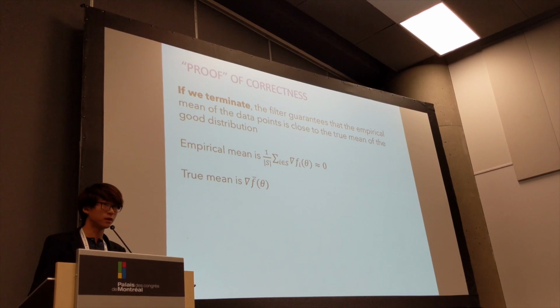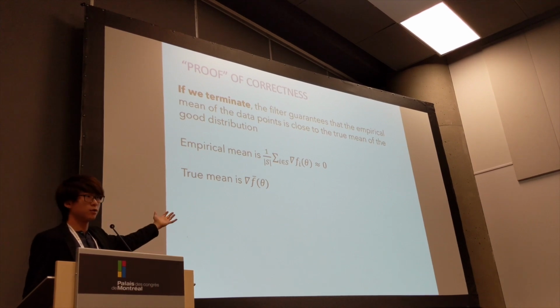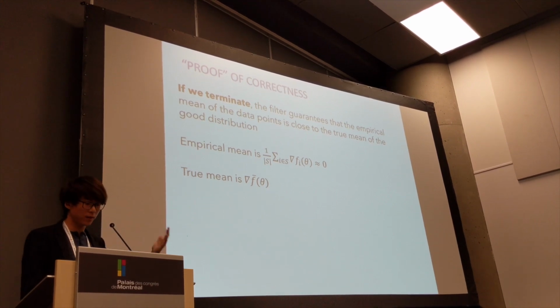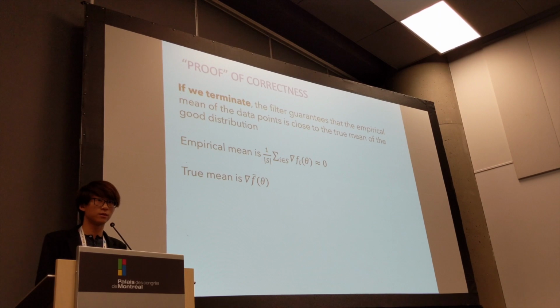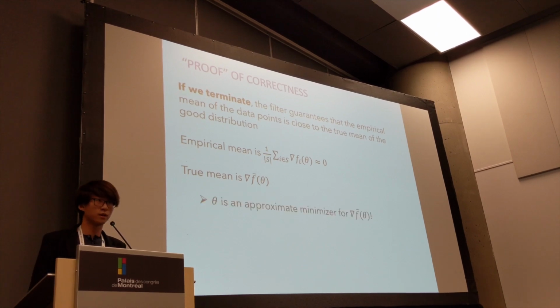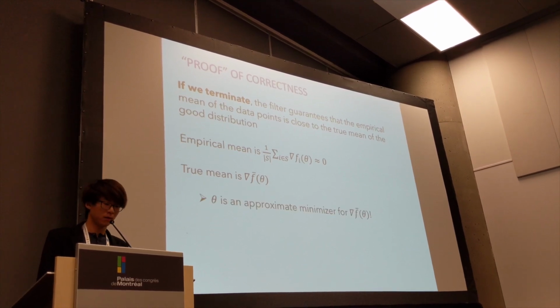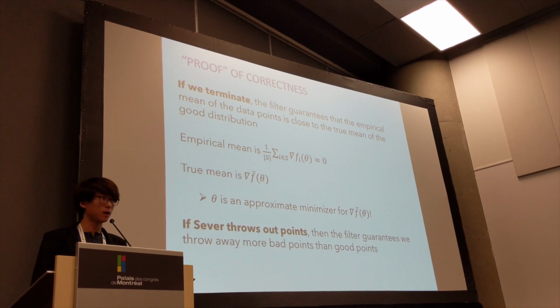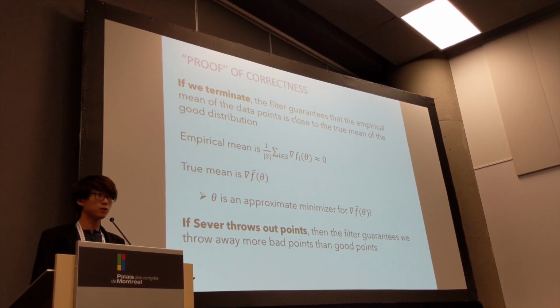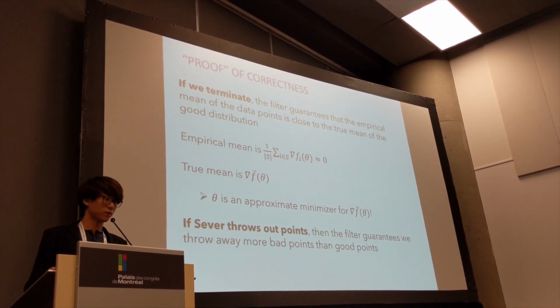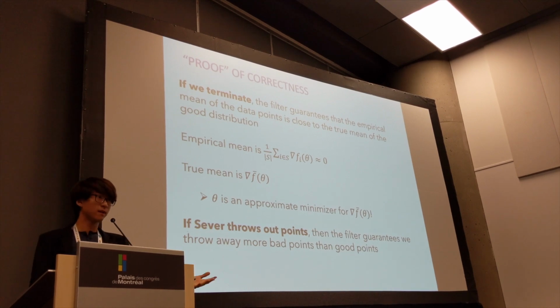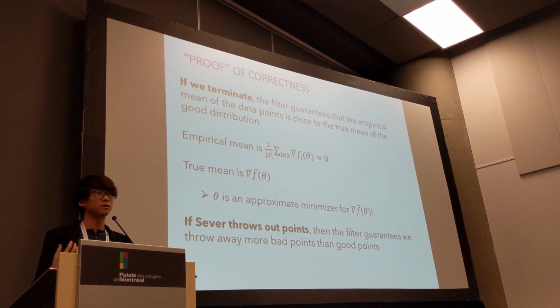And the true mean of the good distribution is just literally the gradient of f bar of theta. And when the filter terminates, you have a certificate that the two of these are close, which means that the gradient of f bar of theta is approximately 0. So you're an approximate minimizer. Alternatively, if the filter throws away points, then by the guarantees of the filter, and this requires, of course, some work, you can just plug that in and say that you're throwing away more bad points than good points.